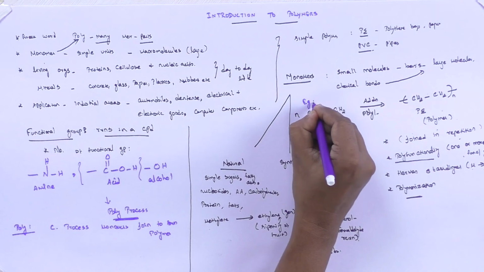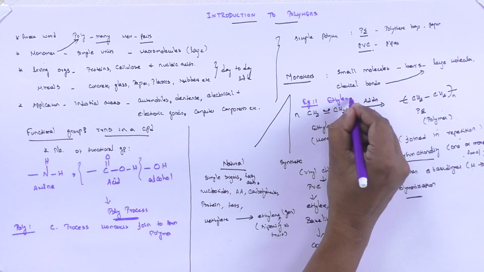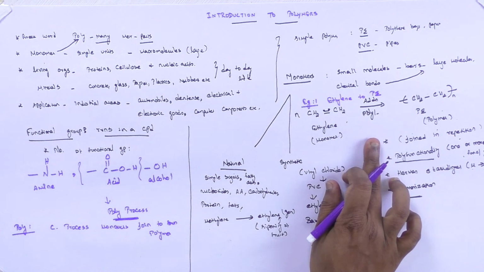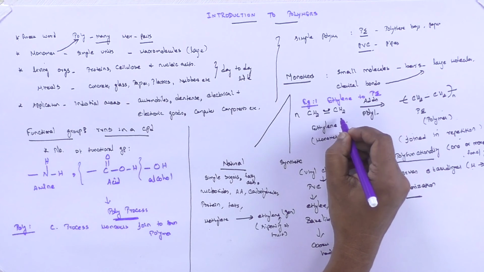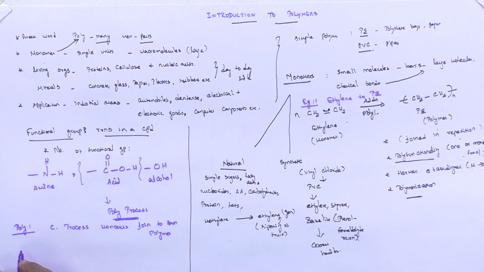We already saw example 1, which is the conversion of ethylene to polyethylene, where you have a single monomer forming a polymer. Secondly, you can have multiple monomers.